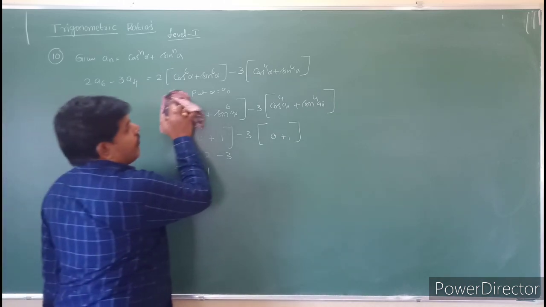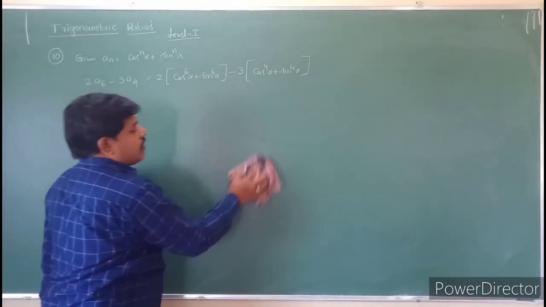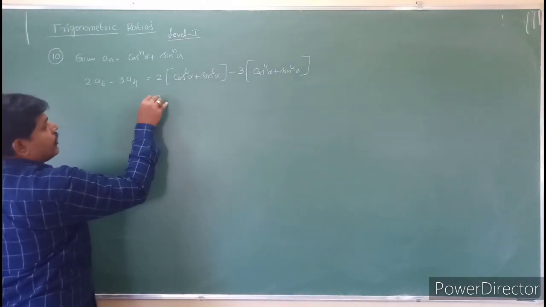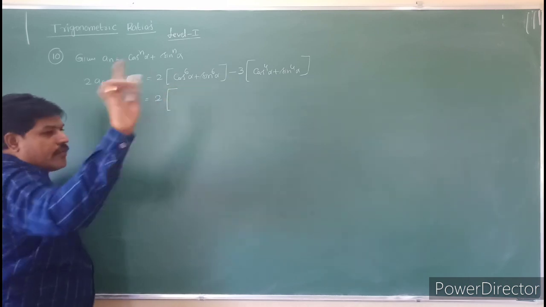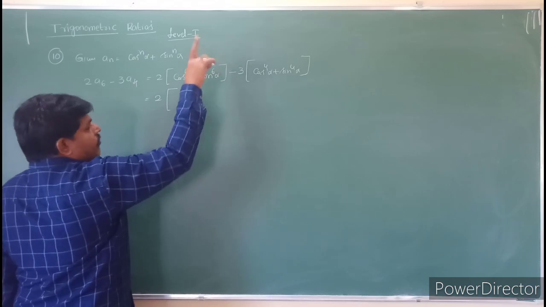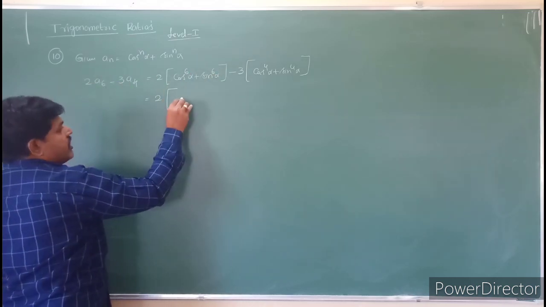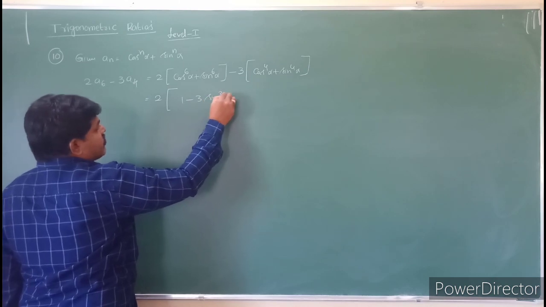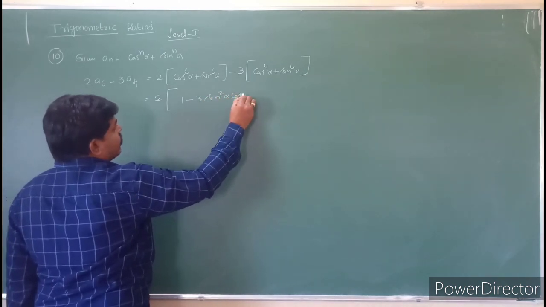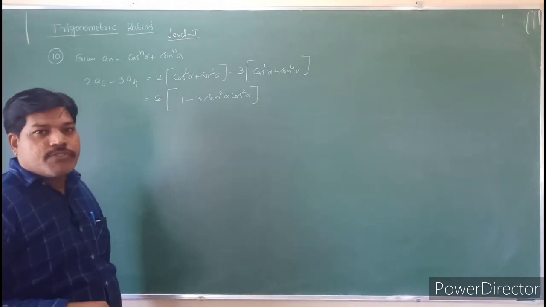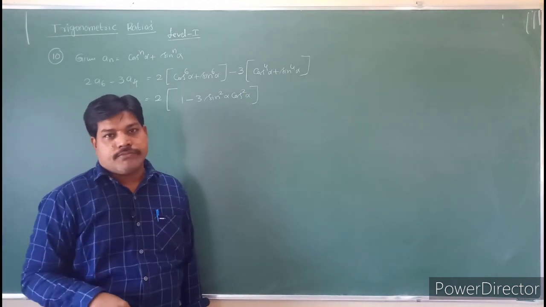So see this one, I will do it in another method also. So what is that? 2 into cos power 6 alpha plus sin power 6 alpha, I have already given one formula: 1 minus 3 into sin square alpha into cos square alpha. See that in the synopsis, I have given this proof also.